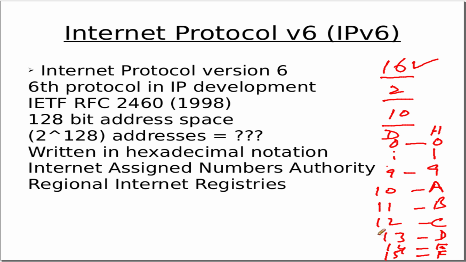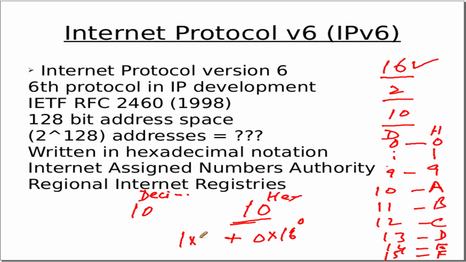So if I were to write 10 in hexadecimal, it might look like it's 10 in decimal, but it's not. And why? Because we need to convert it into decimal, and to do that, just like in binary, we take the first least significant digit, multiply it with the base and raise it to the power of 0, plus take the next digit, multiply it with the base, which is 16, raise it to the power of 1.